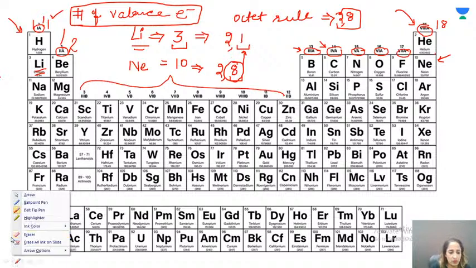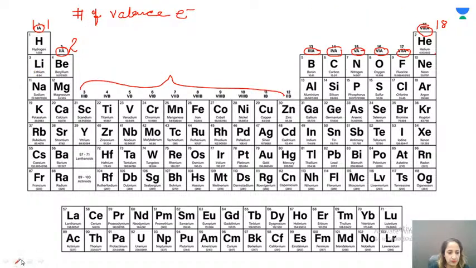Now I will move on to the next section, how these elements are grouped. Okay, I'm sorry, it didn't get erased, give me a second, hold on.